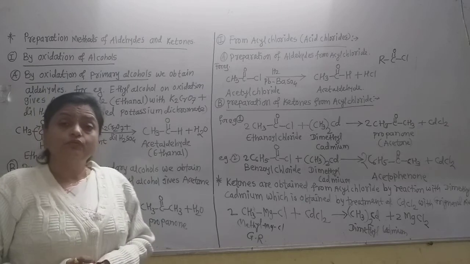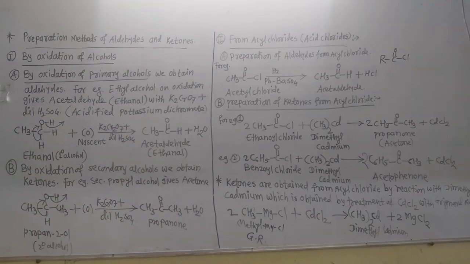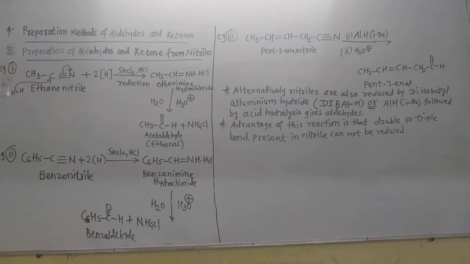Now let us see the third method of preparation of aldehydes and ketones. This is also a very advantageous method of obtaining aldehyde and ketone. There is a two-step mechanism in this reaction. Stop writing and see here, everybody.